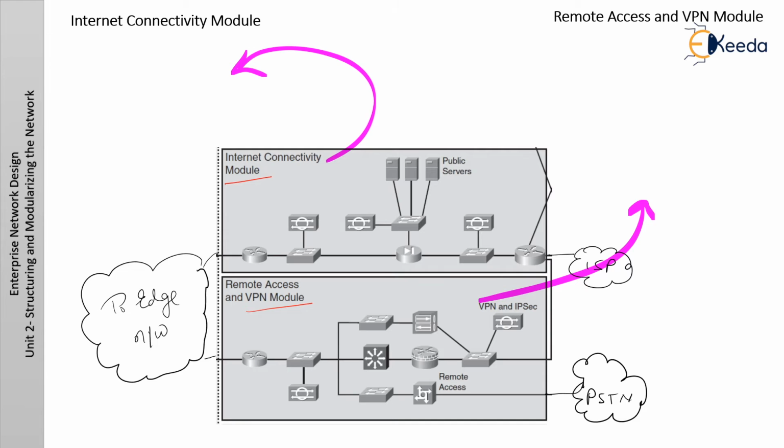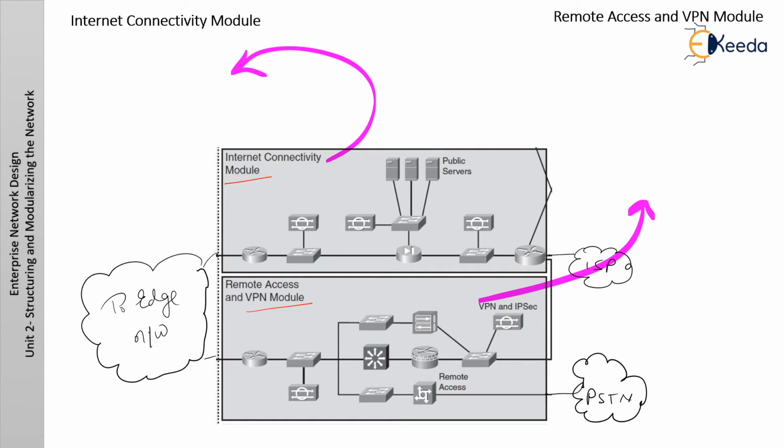Okay, so the Internet Connectivity Module provides internal users with connectivity to internet services such as HTTP, FTP, Simple Mail Transfer Protocol, and DNS. This module also provides internet users with access to information published on enterprise public servers such as HTTP and FTP servers.